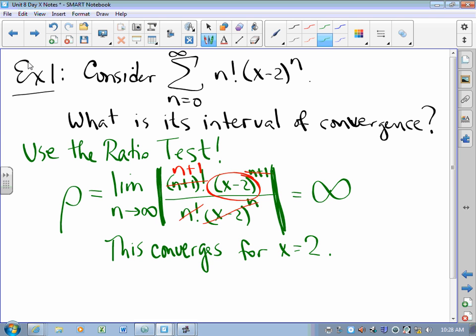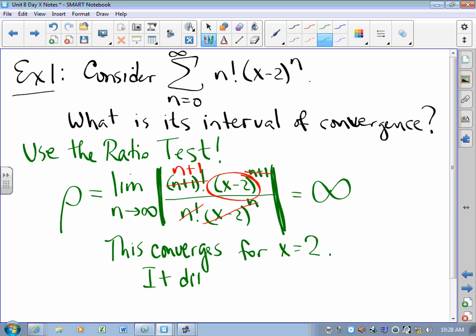And that's the center of the series. When you get a limit that cannot possibly be less than 1, the only value for which the series will converge is the center of the series.